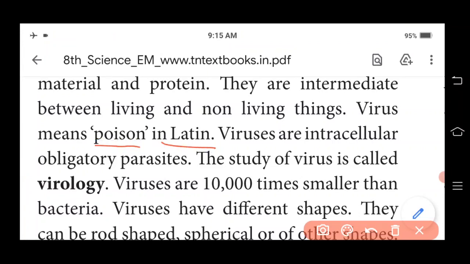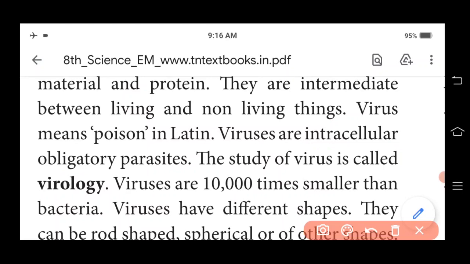Viruses are intracellular obligatory parasites. Parasites are organisms which depend on other organisms for food. They cannot produce their own food. So that is known as parasites.